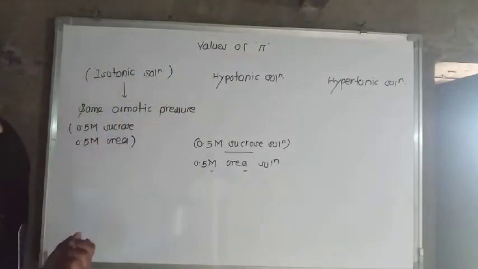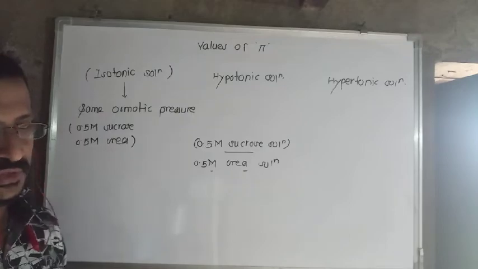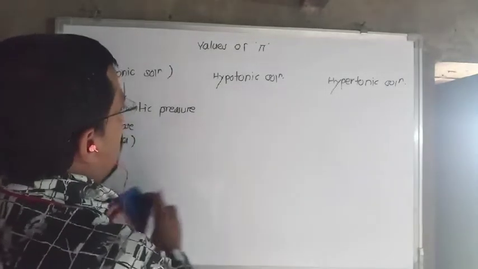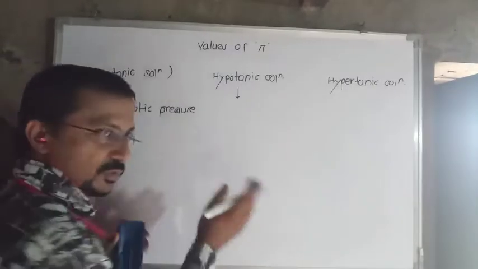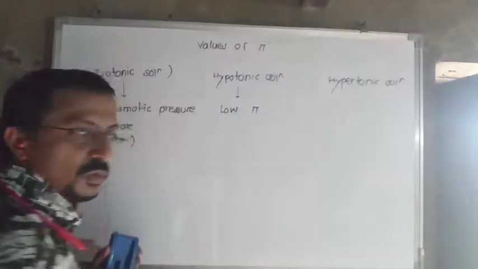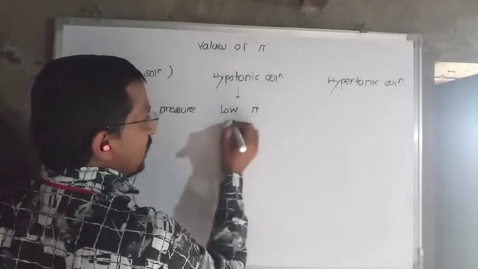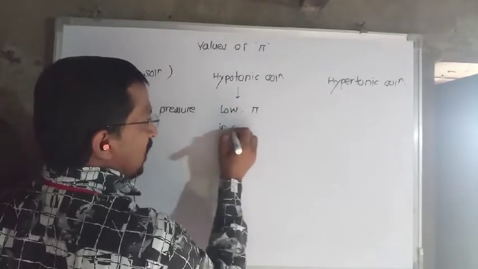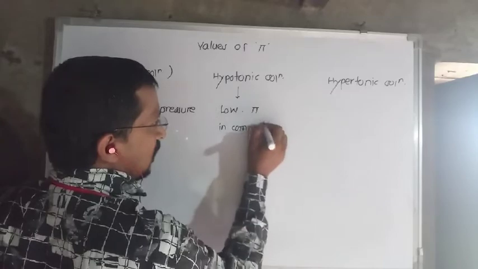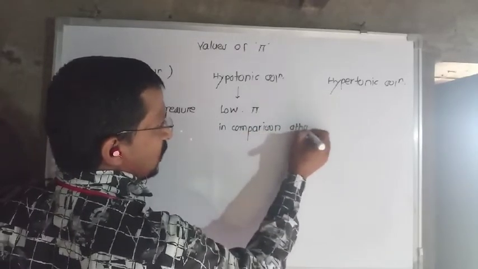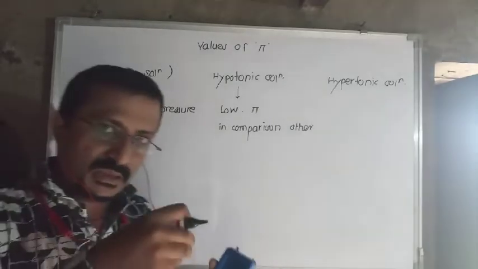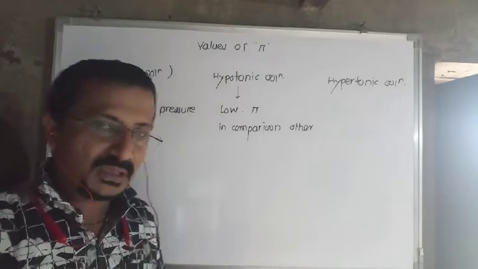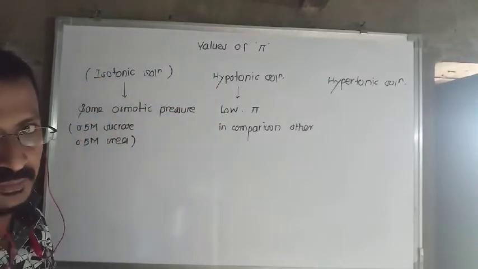If the osmotic pressure is the same, then we call those solutions isotonic solutions, isn't it? Then hypotonic solutions are the solutions which have low osmotic pressure in comparison with other solutions. If the osmotic pressure value of a solution is low compared to another solution, what do we call it? It is hypotonic solution.